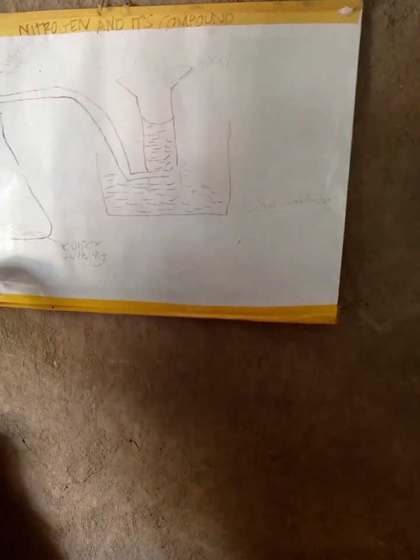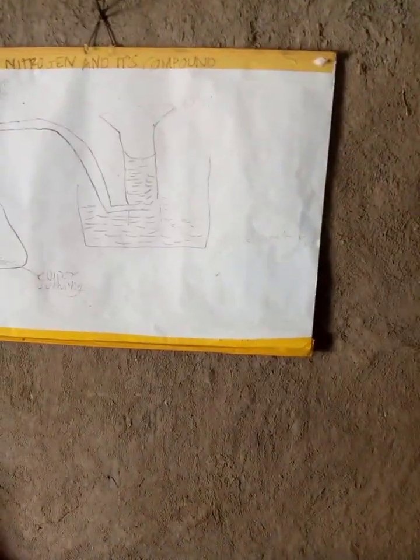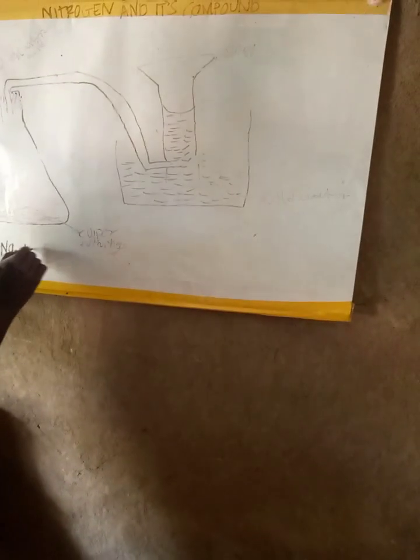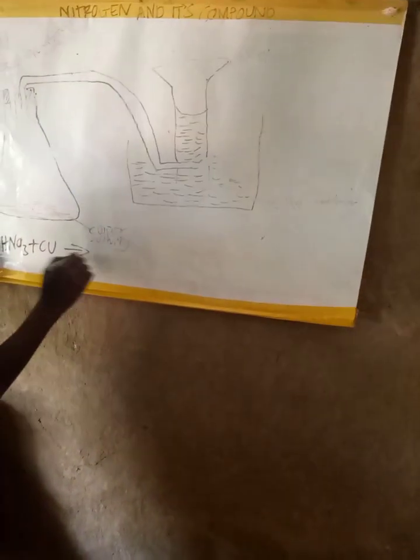This nitrogen 2 oxide is produced when nitric 5 acid and copper turnings react. The equation is nitric 5 acid plus copper turnings.